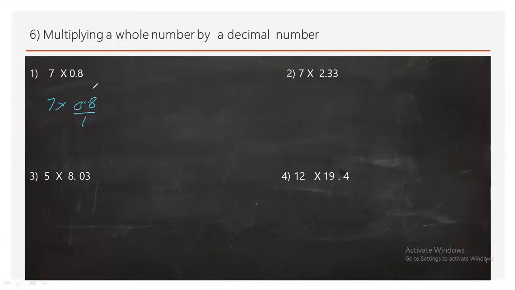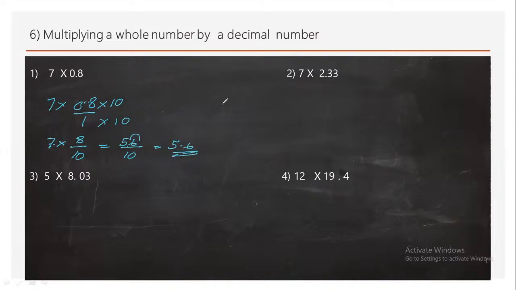Here is one decimal place. To remove this one decimal place, multiply by 10. This is also multiplied by 10. 7 into 8 over 10. Now 7 and 8 over the line. 7 times 8, 56 over 10. So it moves one decimal place towards the left hand side because the denominator is 10. 5.6 is the answer.